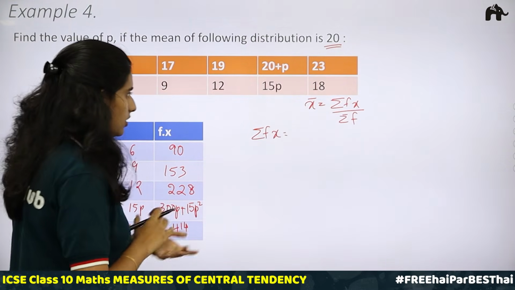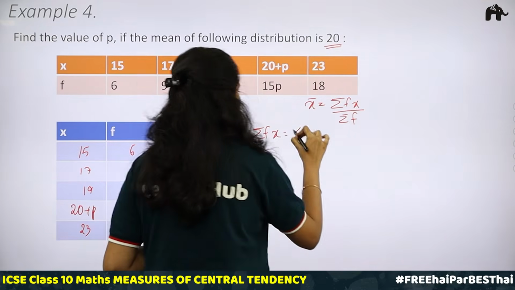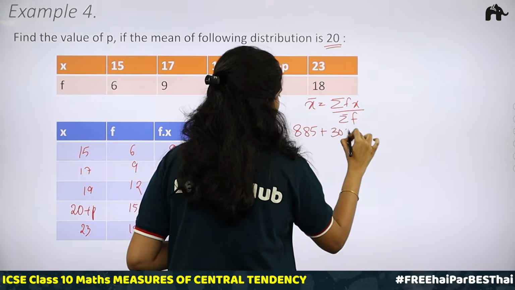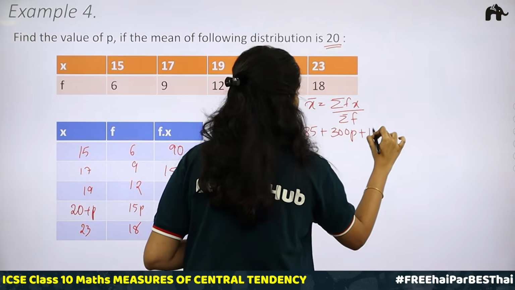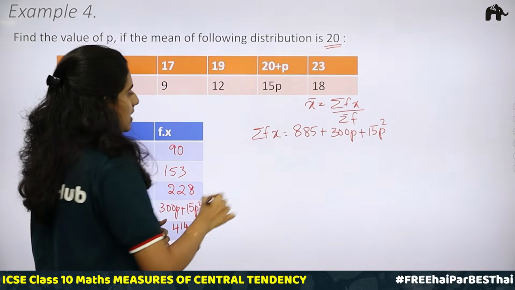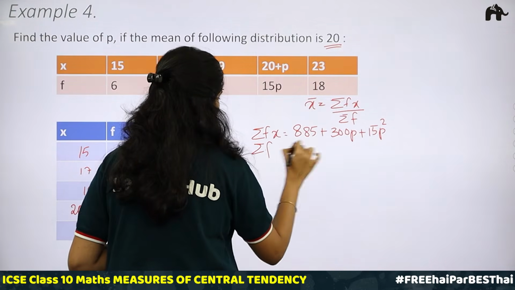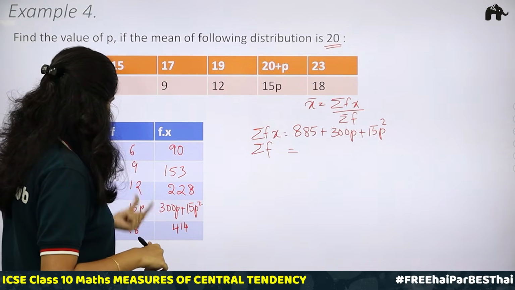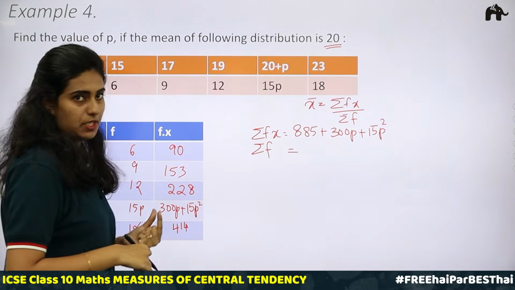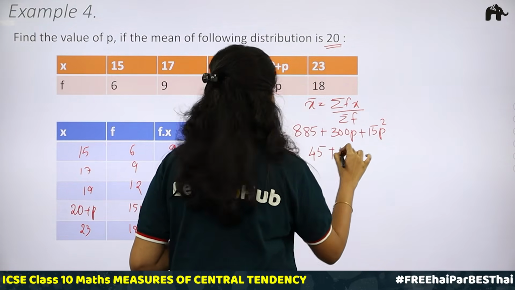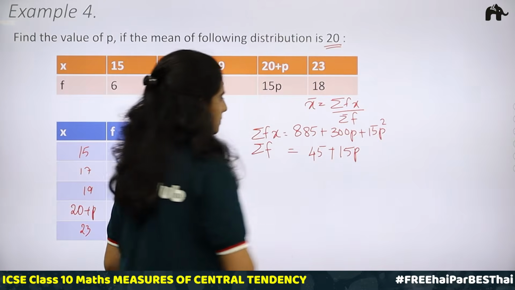When you add all these, you will be getting 885 plus 300p plus 15p square. Okay. Next, we have to take sum of frequencies. What is the sum of frequencies? 6 plus 9 plus 12 plus 18 plus 15p. You will be getting 45 plus 15p.